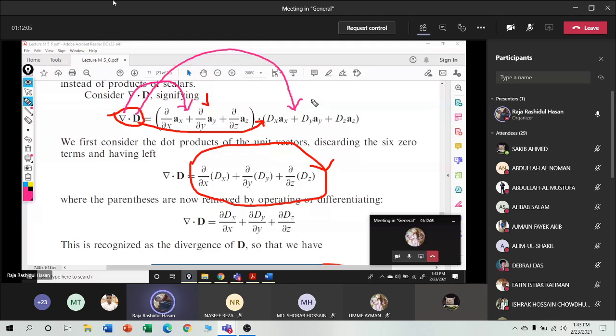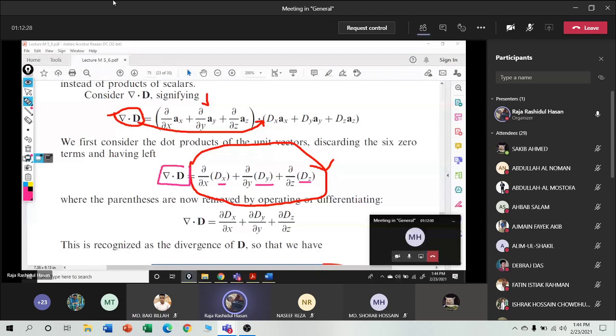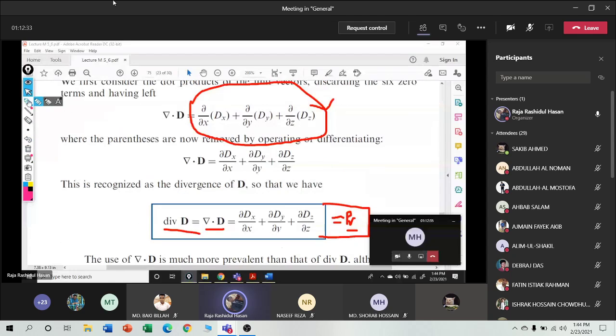Now if we make the dot product, ax dot ax will be 1, ay dot ay will be 1, az dot az will be 1, others are 0. Then the operator dot D equals del by del x Dx, del by del y Dy, del by del z Dz after making the dot product. So ultimately it looks like the previous equation.